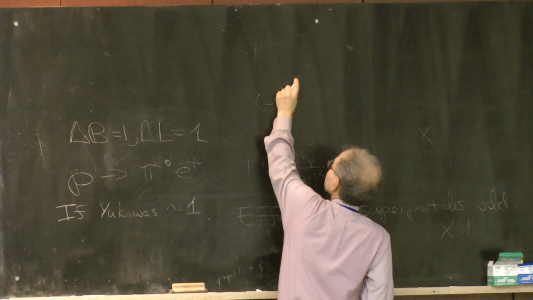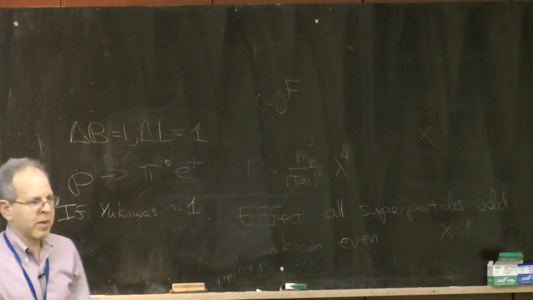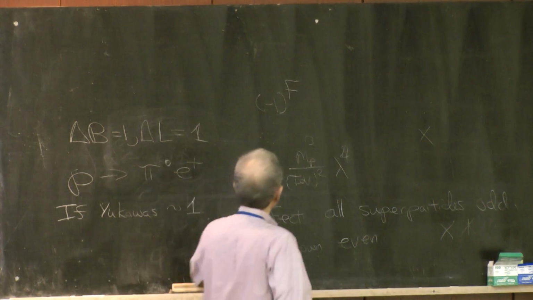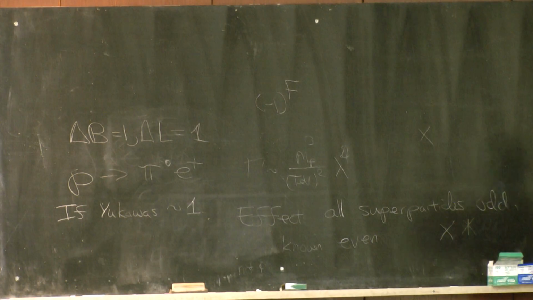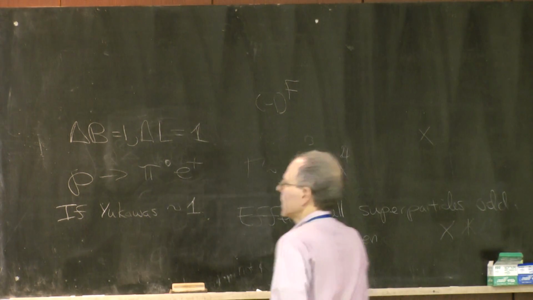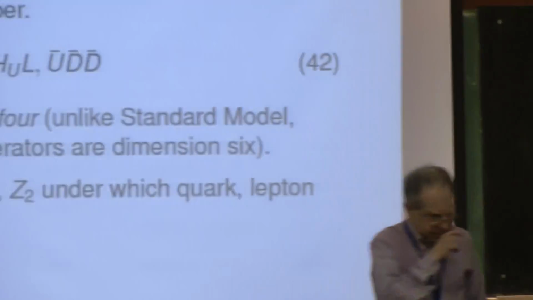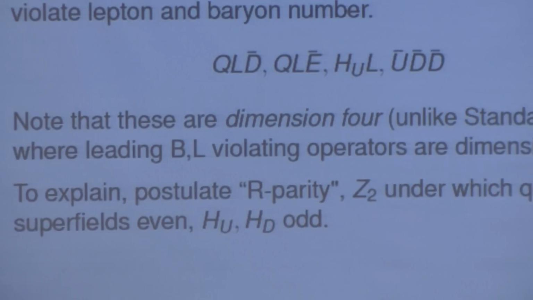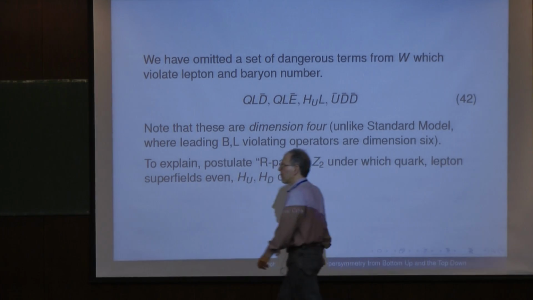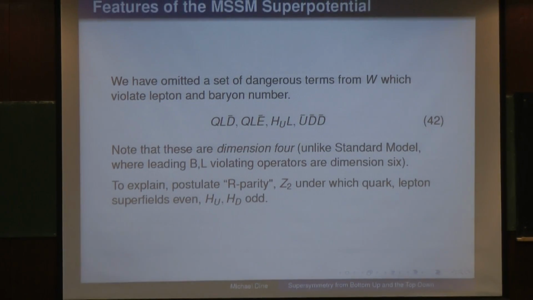A rotation by 360 degrees is just multiplication of the state by (-1)^F. It flips the sign of fermions and leaves bosons alone. The effect of this is to keep the ordinary quarks and leptons even, and make their superpartners odd.